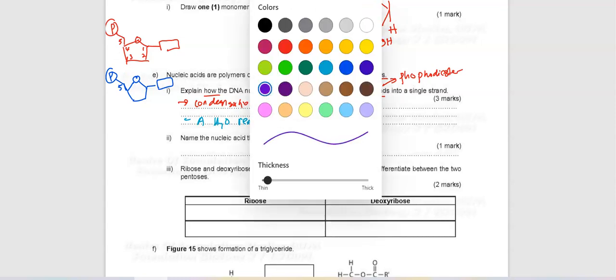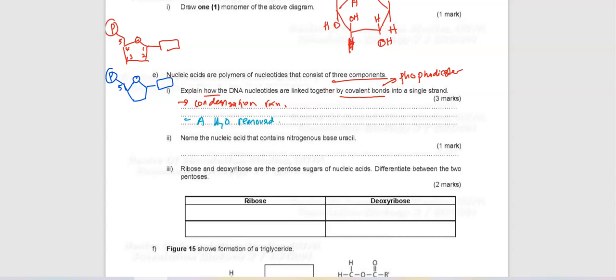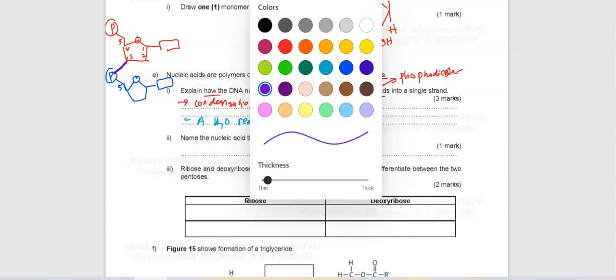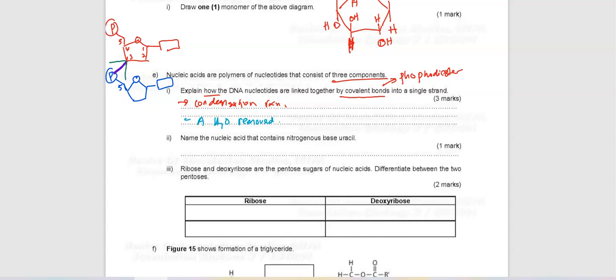So the phosphate group of the new nucleotide will join or form a bond to carbon number 3 of the previous nucleotide. This is the bond, we call it a phosphodiester bond.